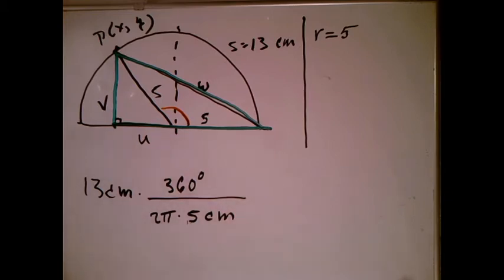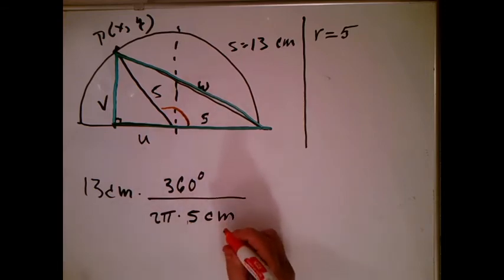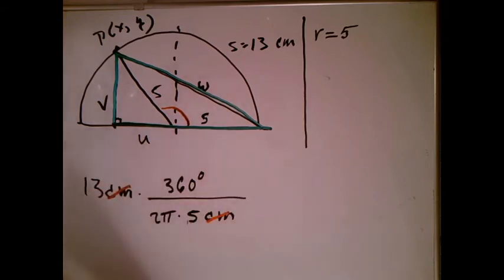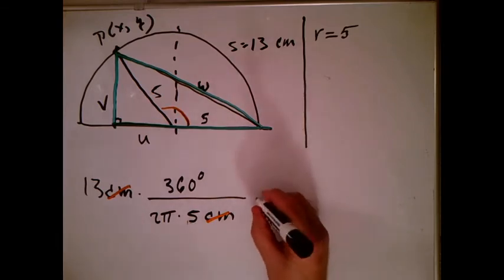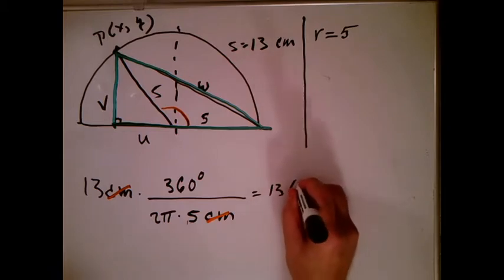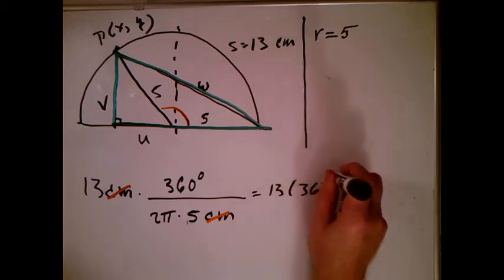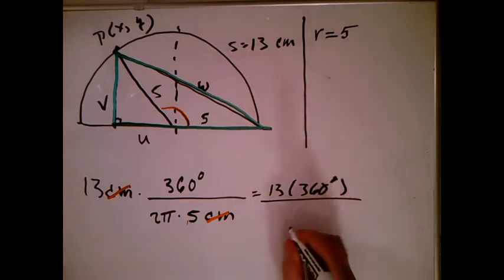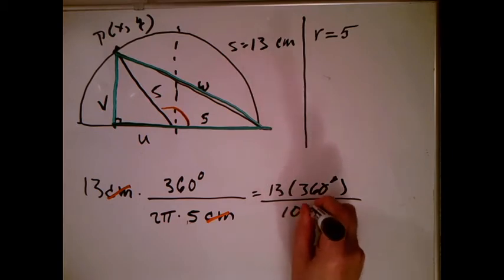Now, why did we do that? The reason we did that is so that the centimeters would cancel. What's left is degrees. I'm not going to simplify this much, I'm going to get 13 times 360 all over 10 pi, like that.